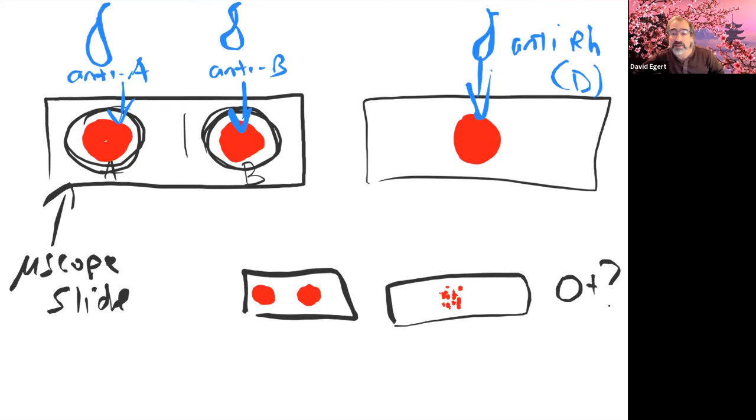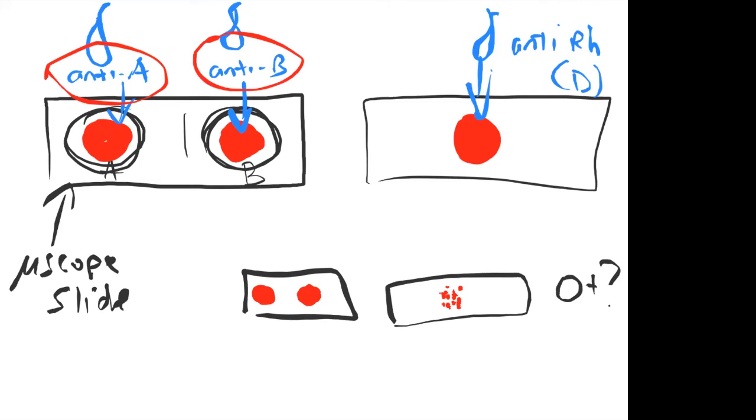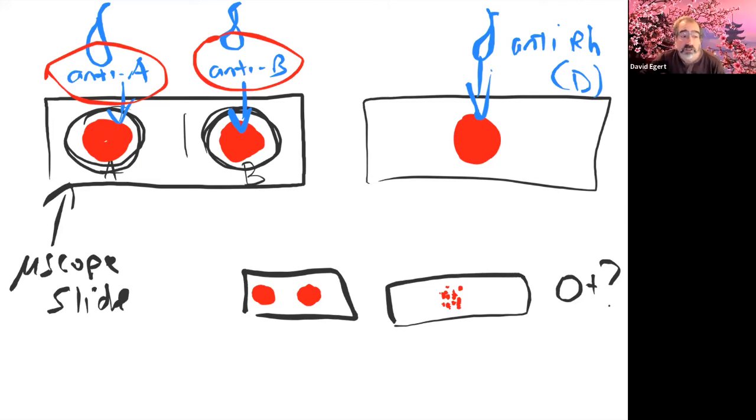A. It has A. So which of these is going to react with the A on my blood? The anti-A. So if I'm type A, I'm going to see the agglutination with the anti-A, right? Because this is not my plasma. This is like a drop we're adding from the outside.